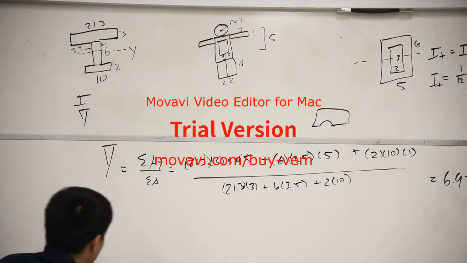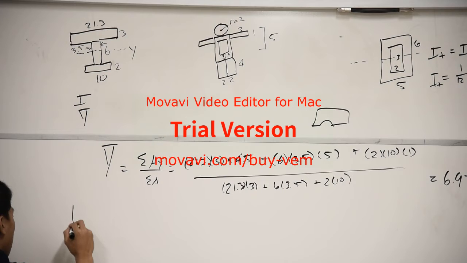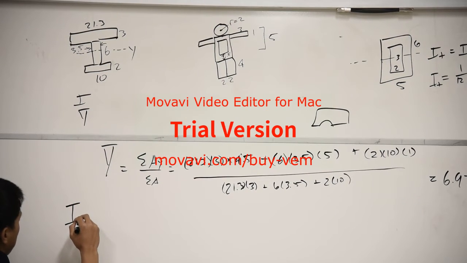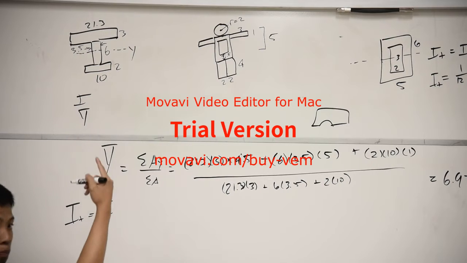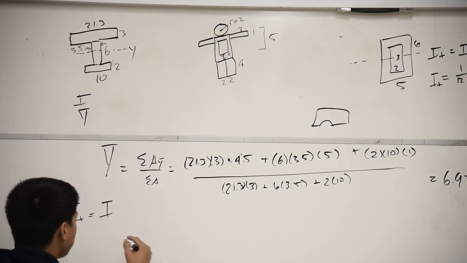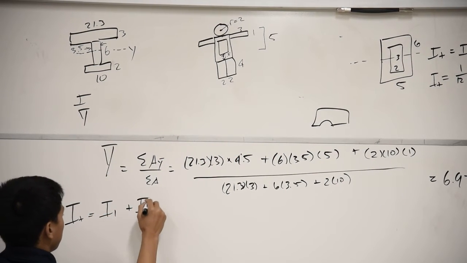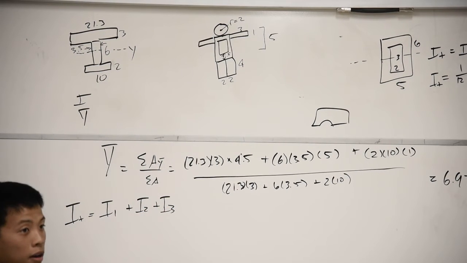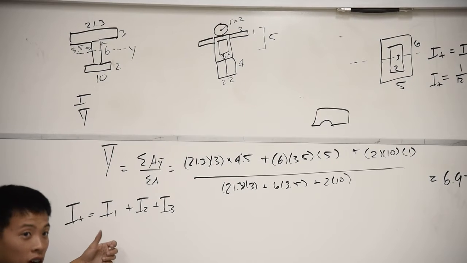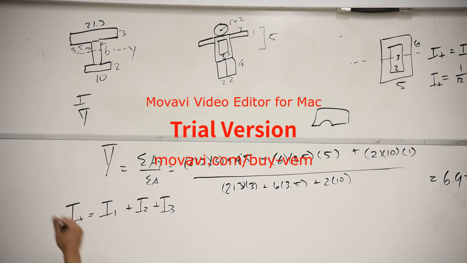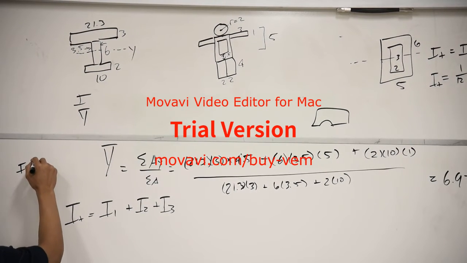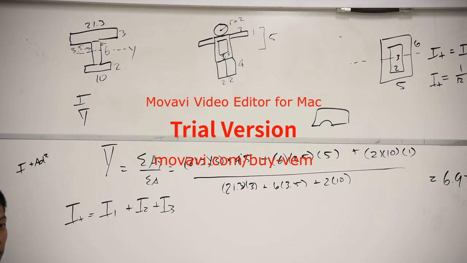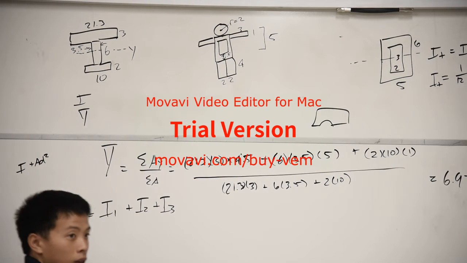Okay, moment of inertia. I total equals, let's call the top piece 1, the middle piece 2, and the bottom piece 3: I1 plus I2 plus I3. And because none of these are exactly at the centroid, you're going to have that situation for each and every one of them.